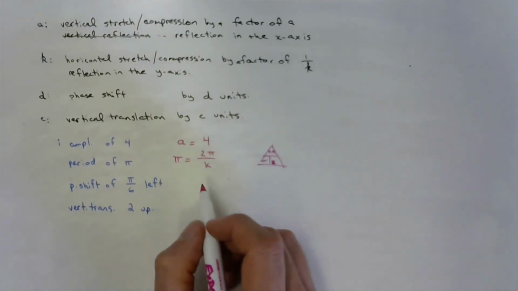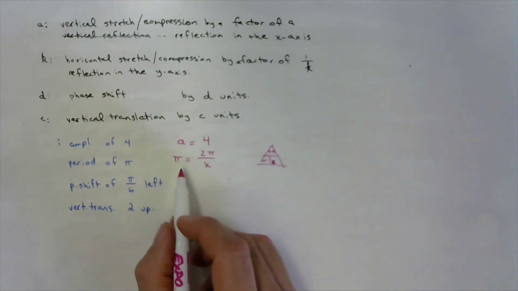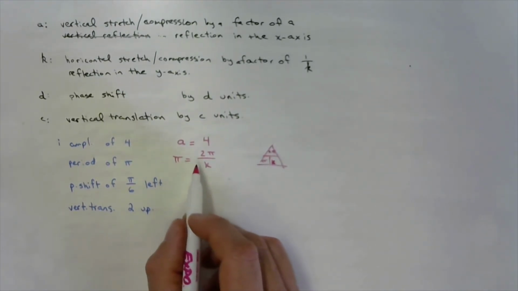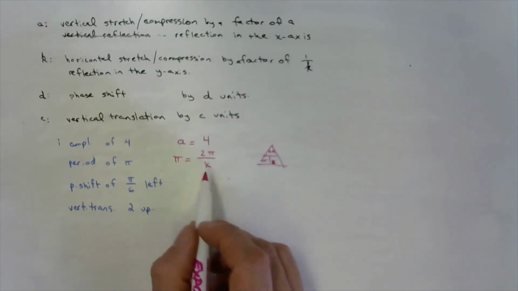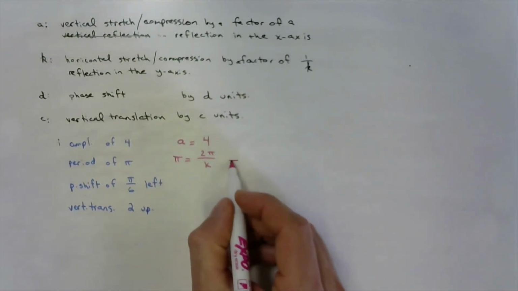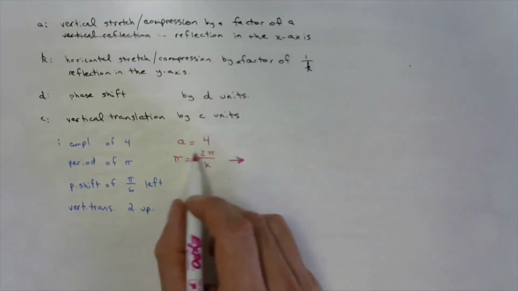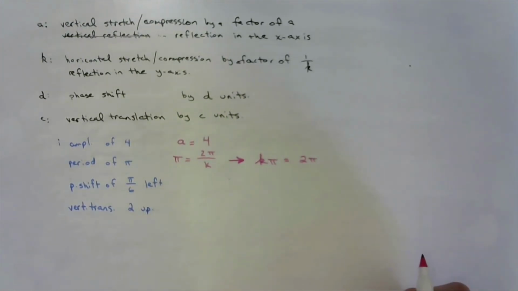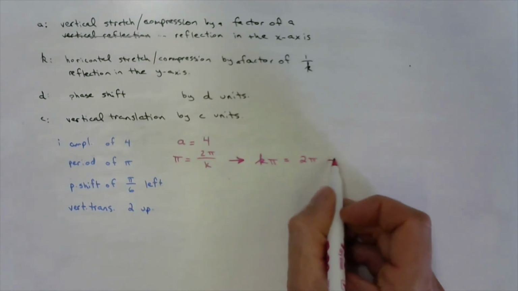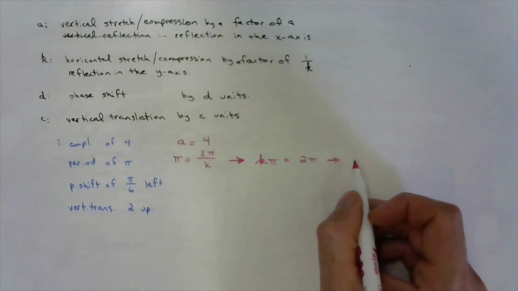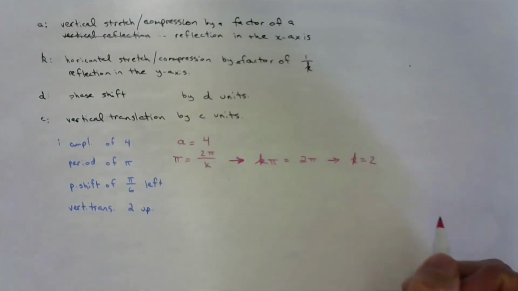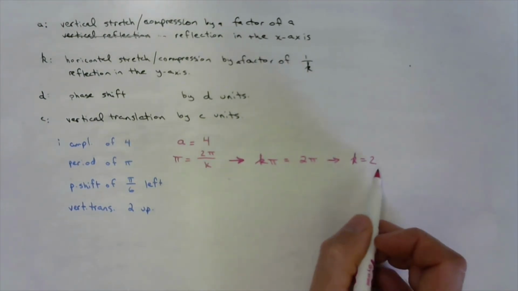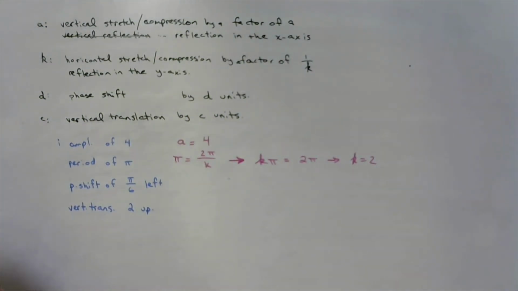Well, k has to be 2. If you want to do it algebraically, you could multiply both sides by k. You'd end up with k pi equals 2 pi. And then you could divide both sides by pi, and you'd get k equals 2. Now, k equals 2, but what does that result in?